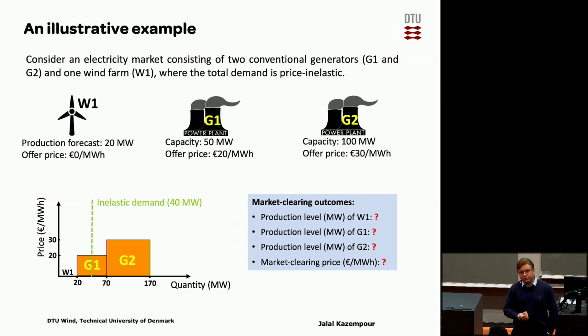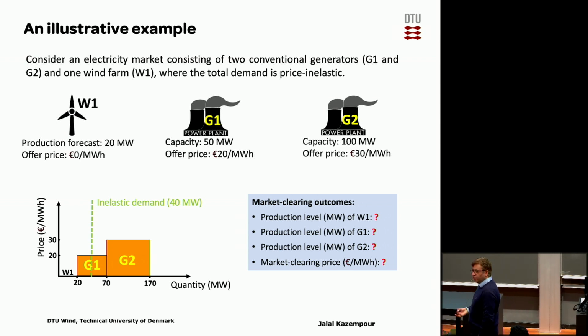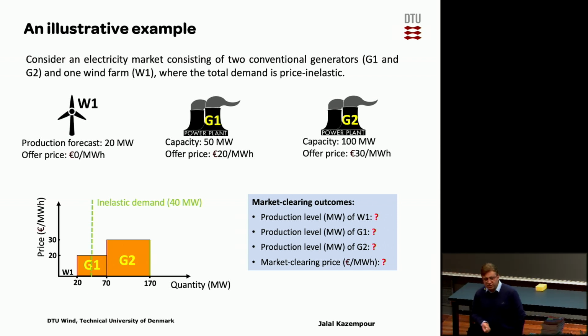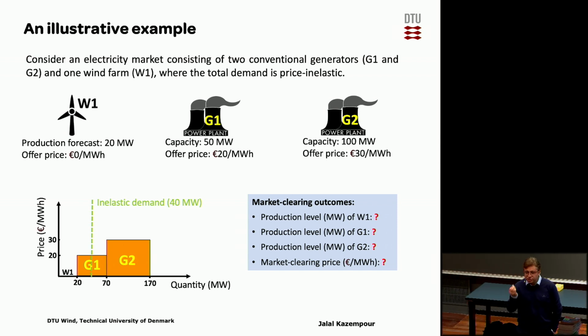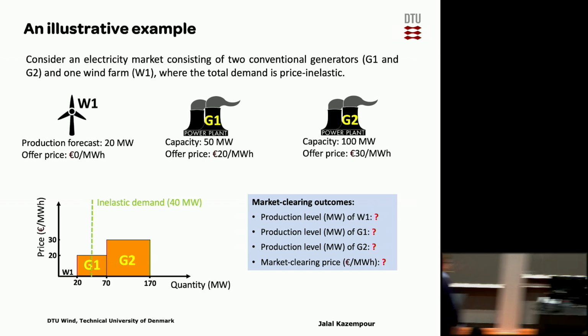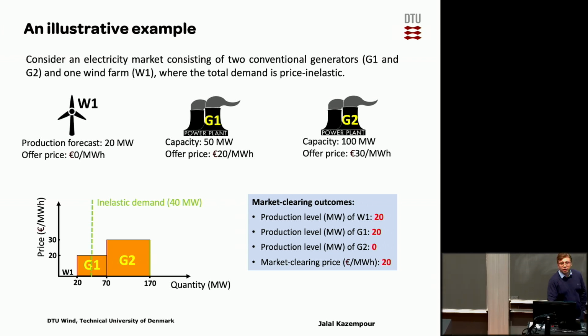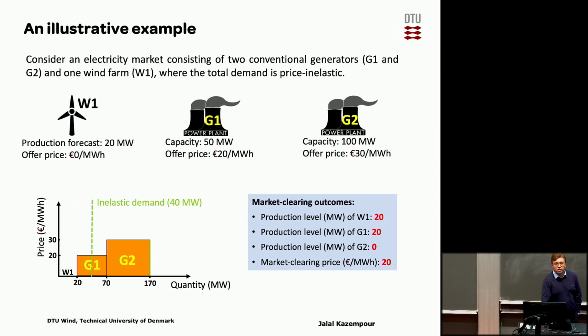If you reduce demand from 40 to 39, how much will the production cost of G1 change? Again, 20. Right-hand side sensitivity is equal to left-hand side sensitivity. It means the market price here is unique, which is 20 euro per megawatt hour. Is it clear? Good. Is there a question? Good.